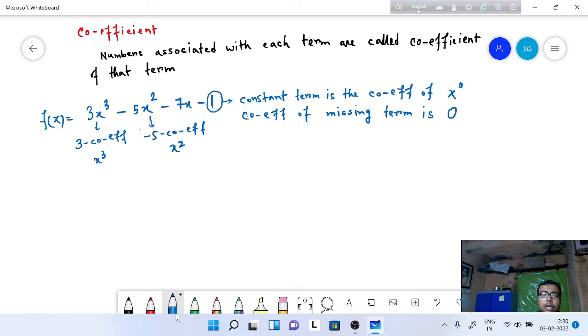Say if I asked you what is the coefficient of x to the power 4 in this polynomial, you will say there is no term like x to the power 4. So we can say the coefficient of x to the power 4 is 0. Understood? Okay. So next move to the next topic.